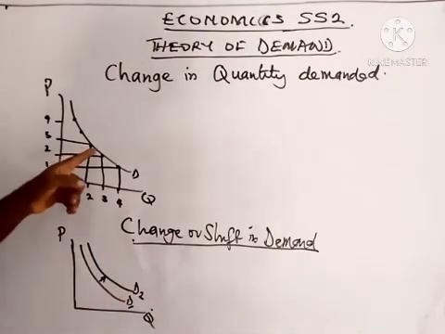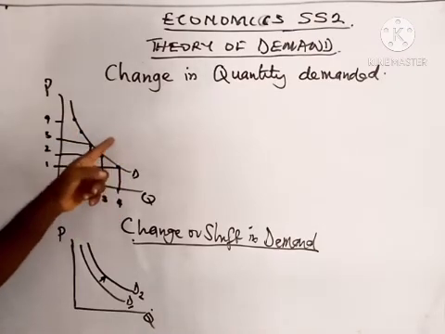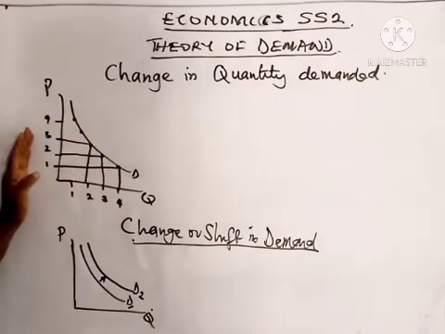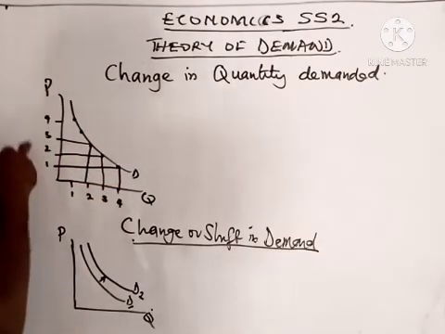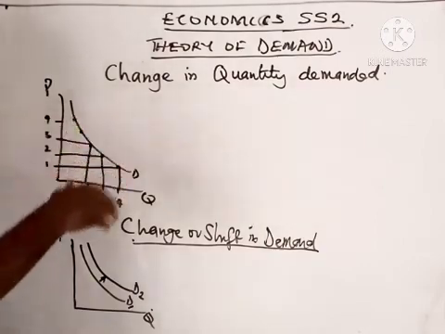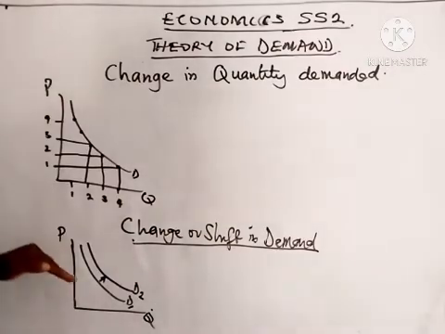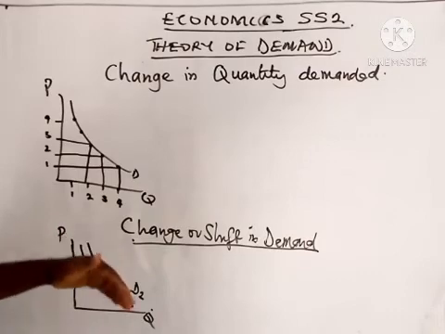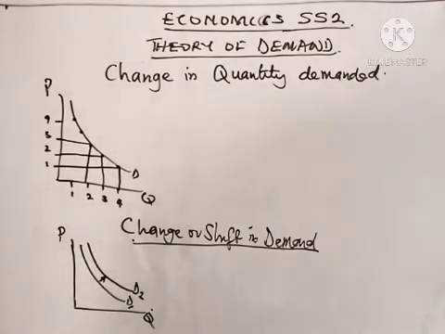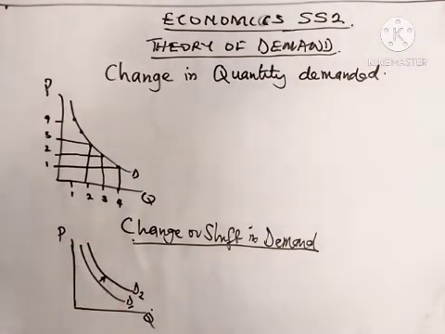Unlike here, you are still demanding the same commodity, but the price of that commodity has forced you either to increase the quantity that you will purchase or to decrease the quantity you are going to purchase. But when you come to change or shift in demand, you are moving away from the initial demand to a new demand. And that is what we have as far as a change or shift in demand is concerned.